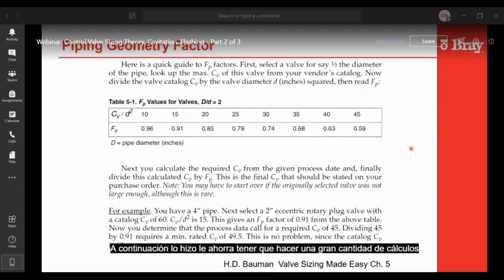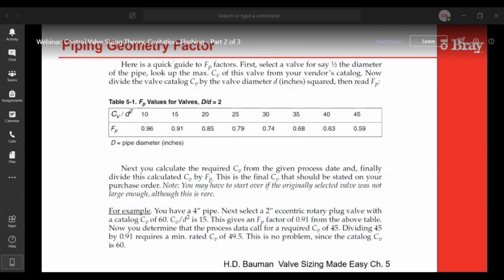It saves you having to do a lot of calculations. So if the CV over the diameter squared is 10, then for your correction to your CV, you divide your gallons a minute by 0.96, and you end up with a slightly higher flow to then use for your CV calculation.